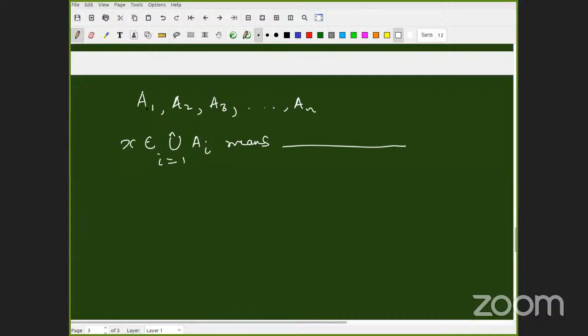Or we have already x in A1, or x in A2, or x in A3. So what is the right quantifier? There exists, sir. There exists. Okay. Then continue. There exists x belonging to. No. You are not right. You have not thought about the underlying set properly. Kaushik. Yes, sir.